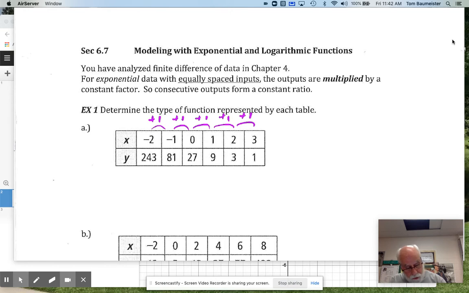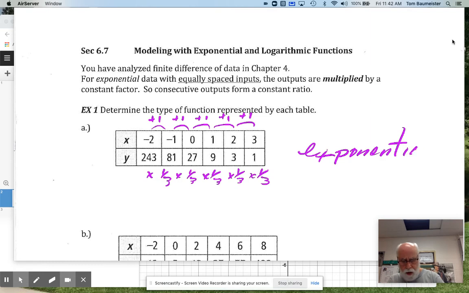Well, I'm dividing by 3, or I'm multiplying by 1/3. Same thing when I take 81 and divide it by 27. All right, and 27 divided by 9, 9 divided by 3. Again, I'll multiply that by 1/3, and 1/3 of 3 is 1. So it does work. It is a constant ratio, so this one here is exponential.